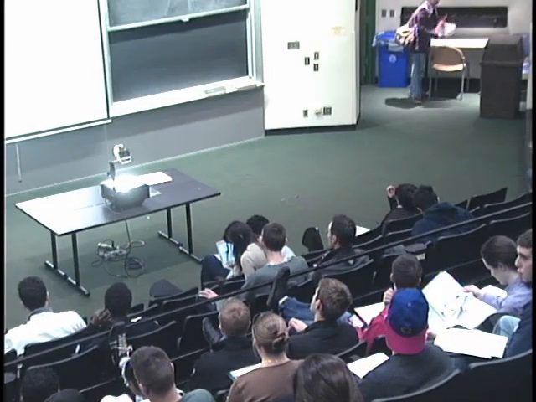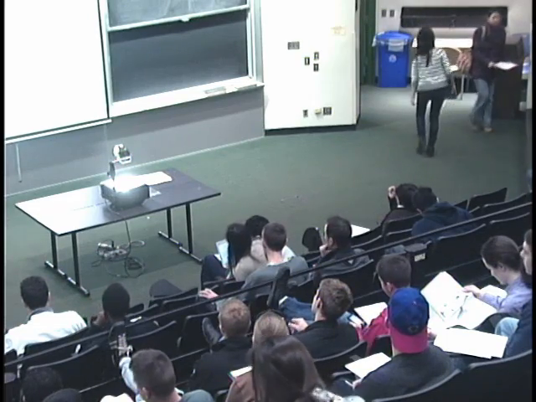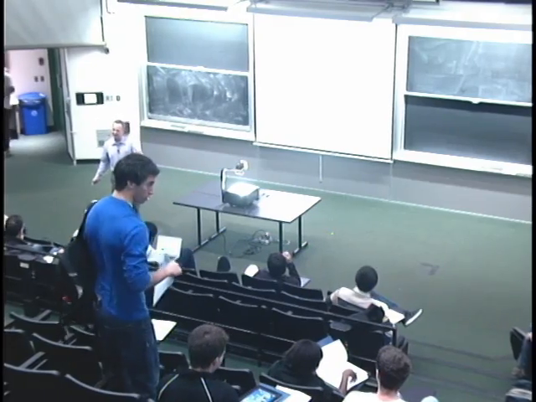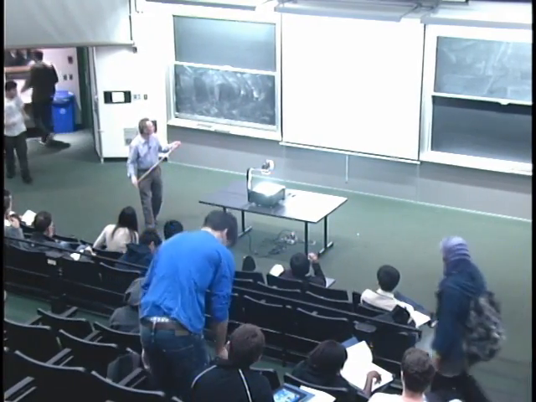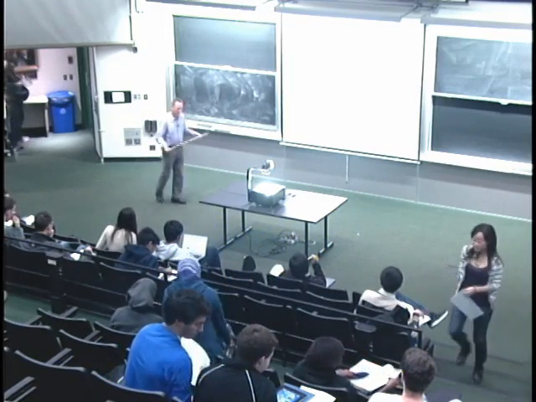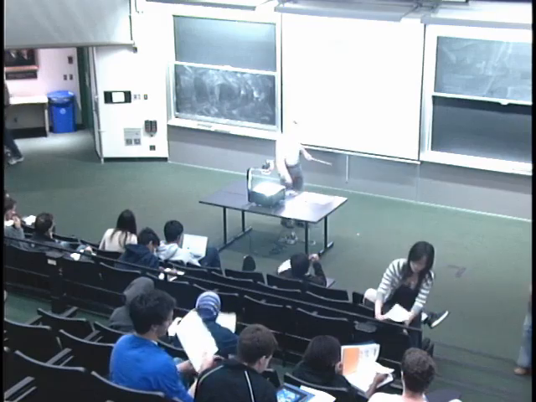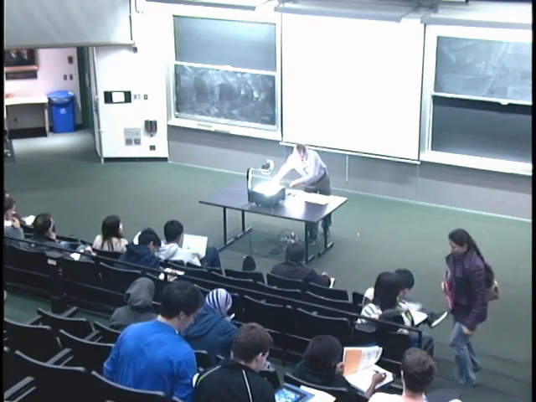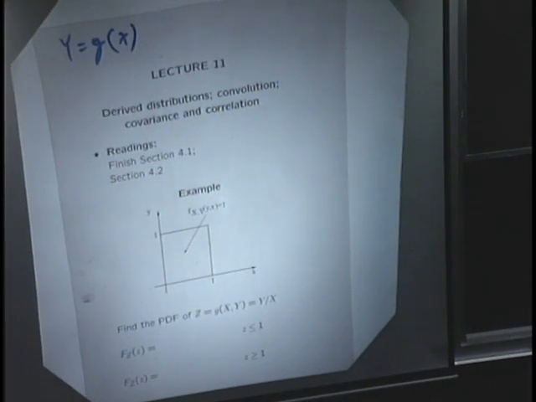Good morning. So today we're going to continue the subject from last time. We're going to talk about derived distributions a little more, how to derive the distribution of a function of a random variable. Last time we discussed a couple of examples in which we had a function of a single random variable, and we found the distribution of y if we're told the distribution of x.